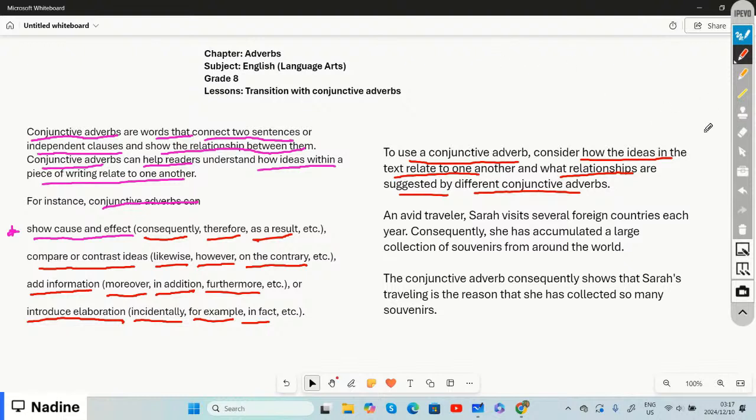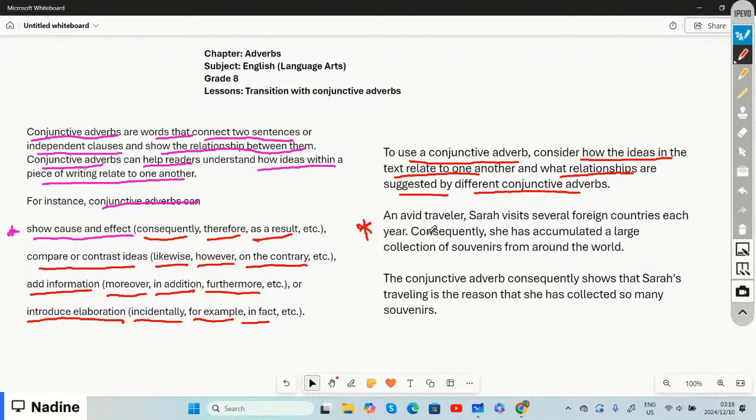And if we look at an example, so now we're going to use an example.